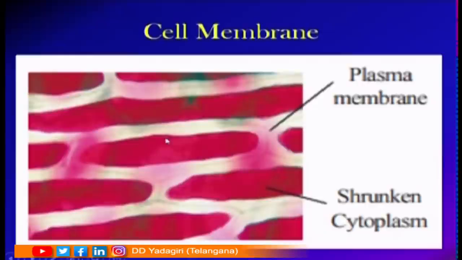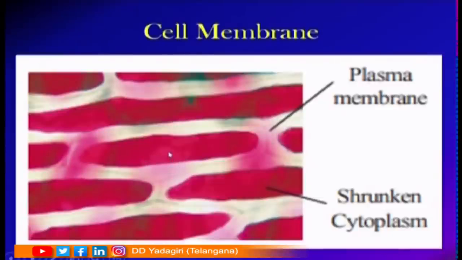Children, what happened here? The cell has shrunken. That is, the cytoplasm has shrunken because of a process called osmosis. When we added sugar solution over the leaf, what happened?